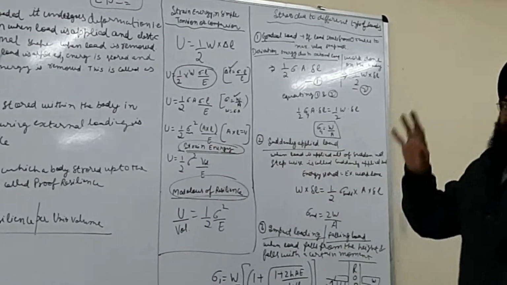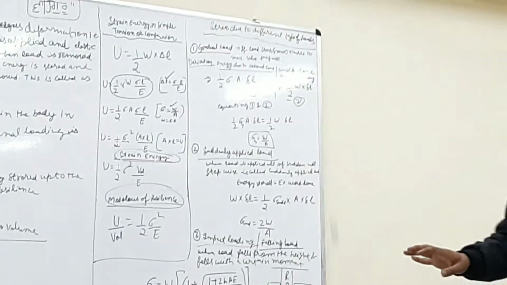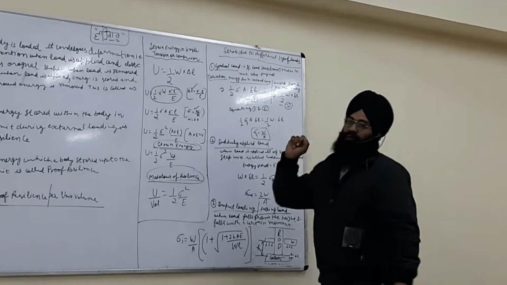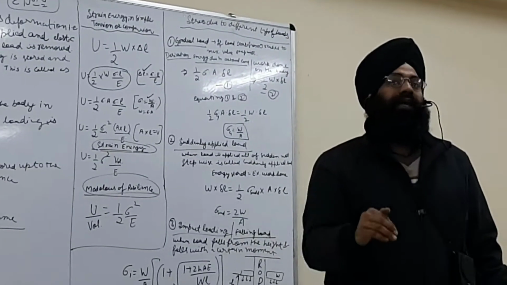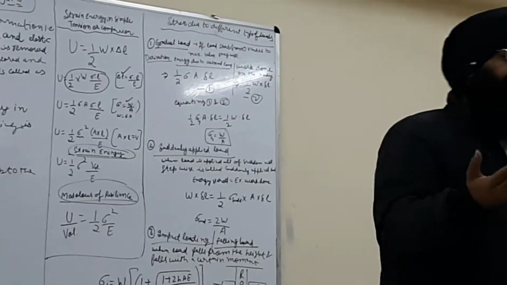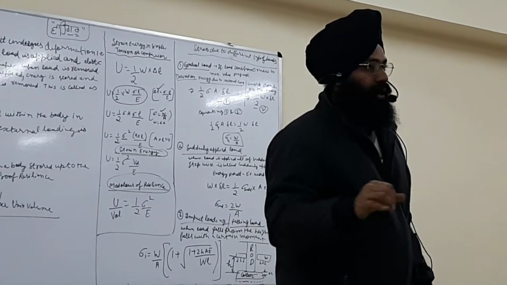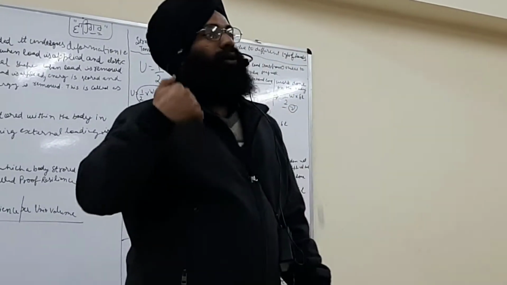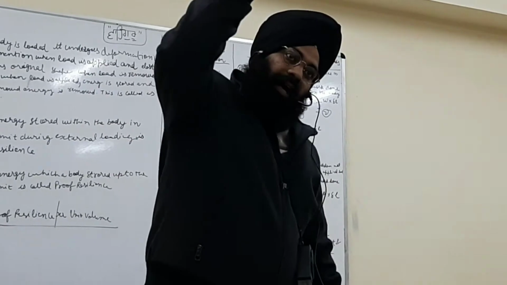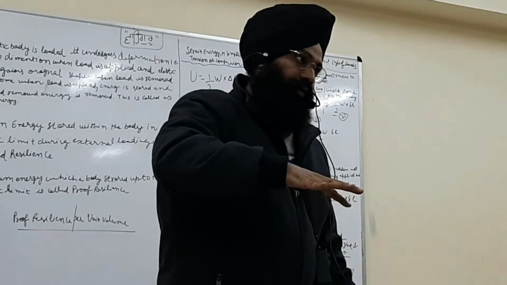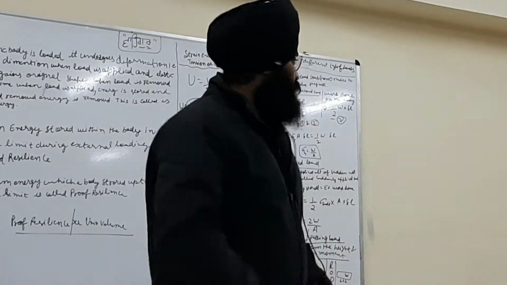Let us come to the 3 cases now. The first case is the gradual load. For example, we apply some load onto a body very slowly, gradually. We are not increasing the load suddenly, or applying a falling load onto the body. We are increasing the load gradually.